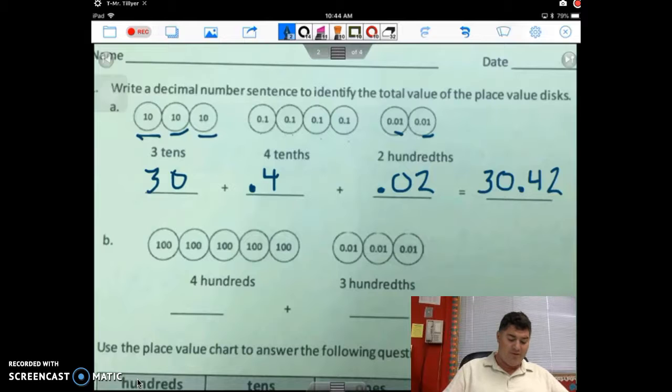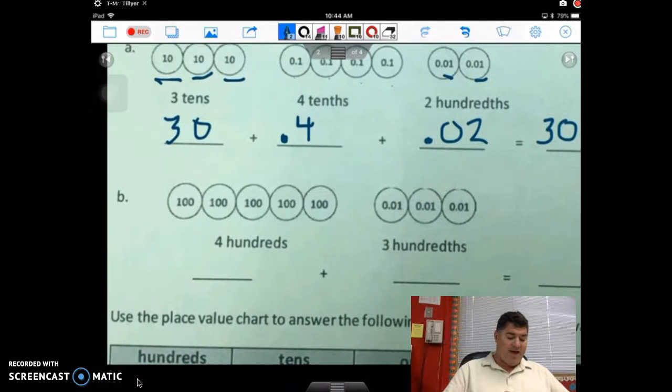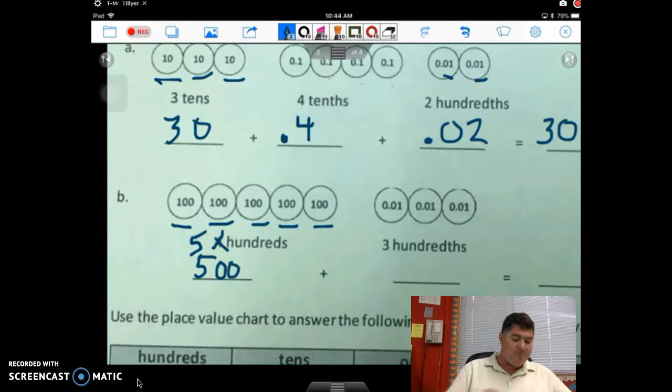All right, so let's go on to the next problem. Actually, you know what? Let's go ahead and do this one down here. Let's see, we have 1, 2, 3, 4, 5 hundreds. Wait a second, they wrote 4 hundreds. They've messed up, so let's go ahead and just write 5 hundreds. And that would be 500. Now over here we have 3 hundredths, 1, 2, 3 hundredths.